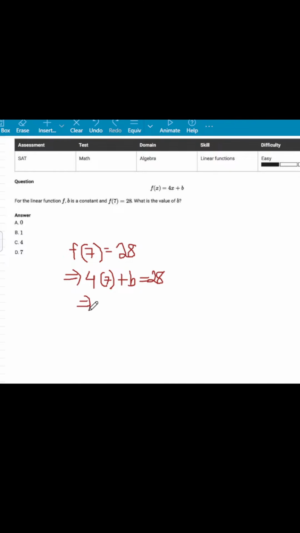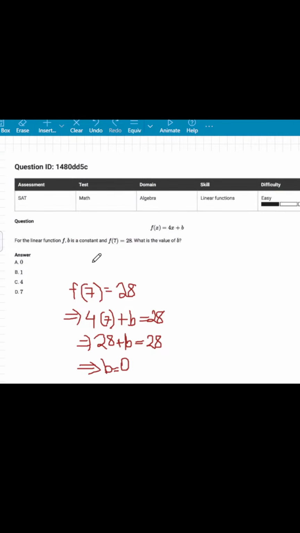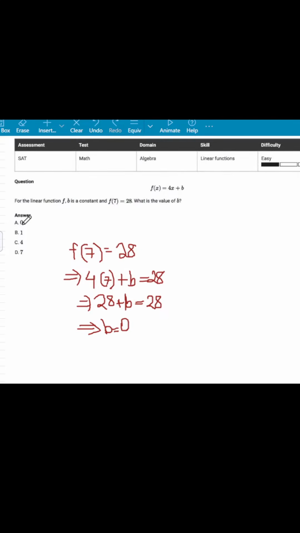So this is 28 plus b is equal to 28. So then b becomes 0. Okay, so b is 0, so that means option A is the correct one.